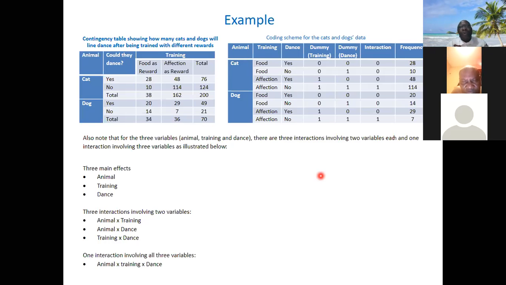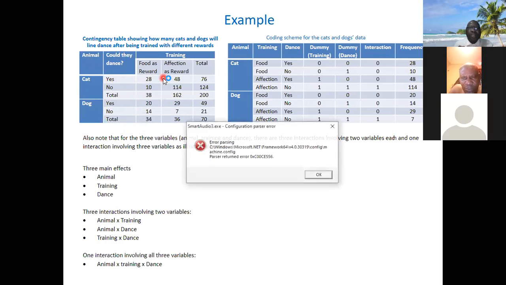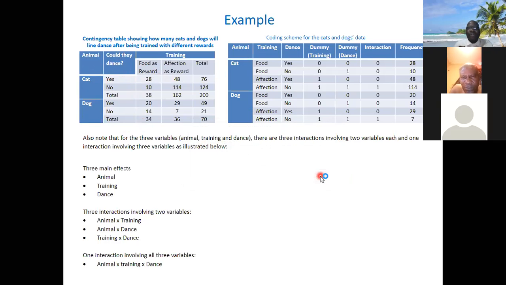Now, if you look at the first table, you see the animal, cat or dog. You now see if they could dance or not, then reward, give food or affection.